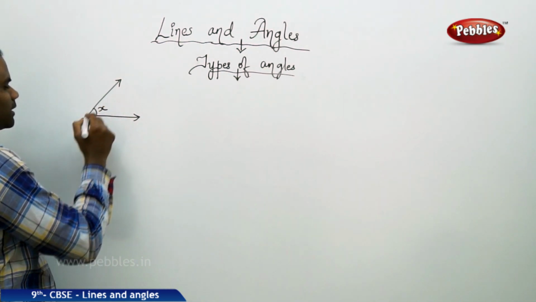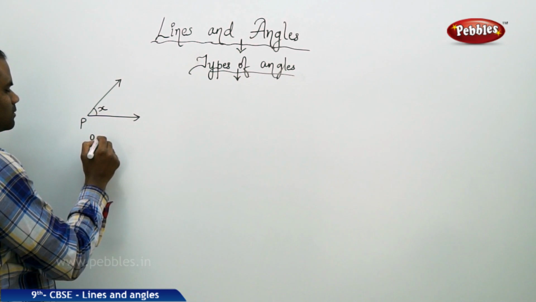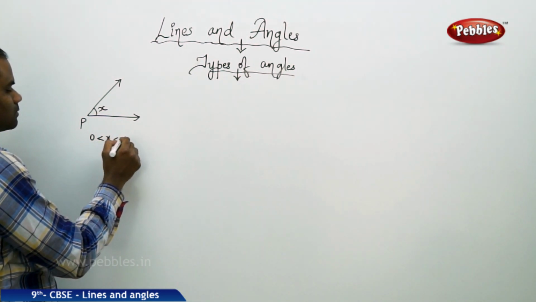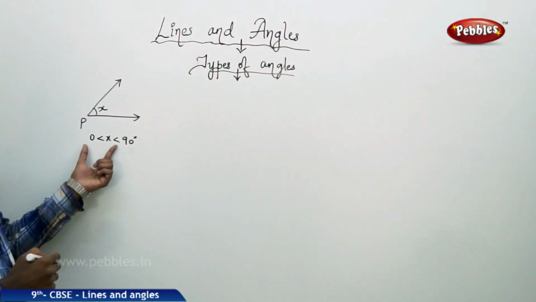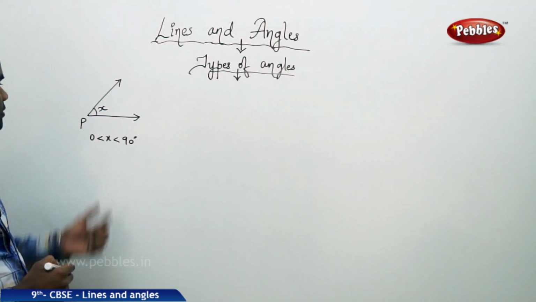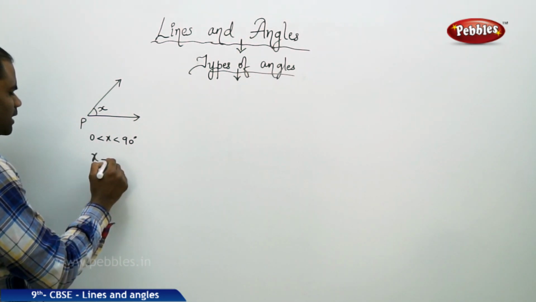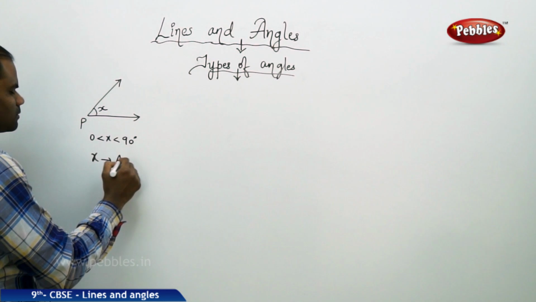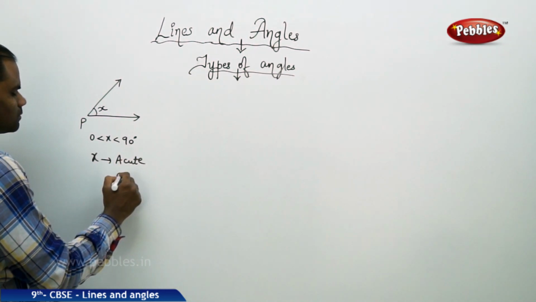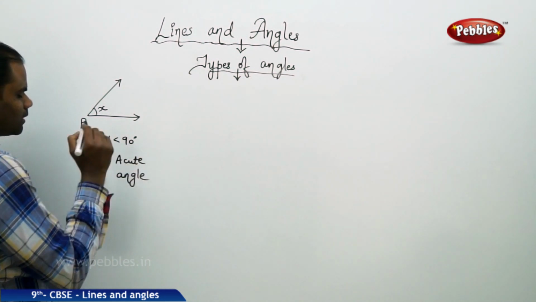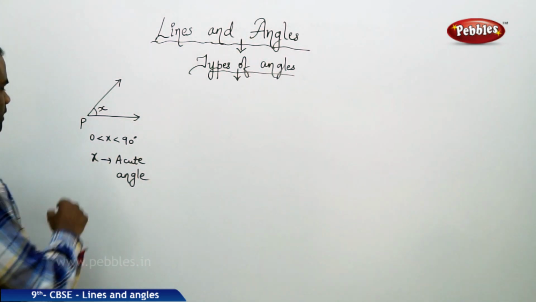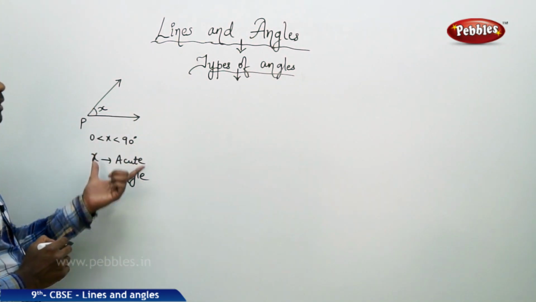Say for example, I take this as x. So if the angle is less than 90 and greater than 0, then I call this angle an acute angle, is how we understand the formula number 1.